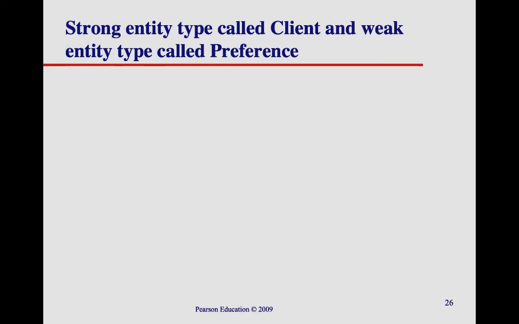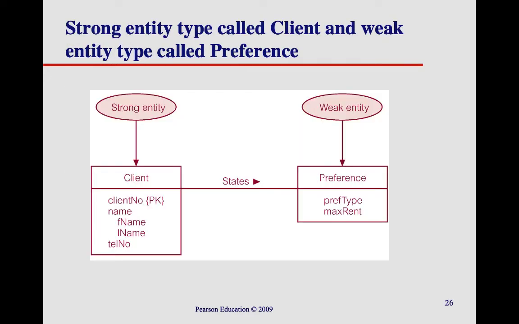As an example, the client might provide some preferences in Dream Home about the preferred type of accommodation, maybe apartment, condo, townhome, separated house, and the maximum rent they have. So we call this a weak entity.